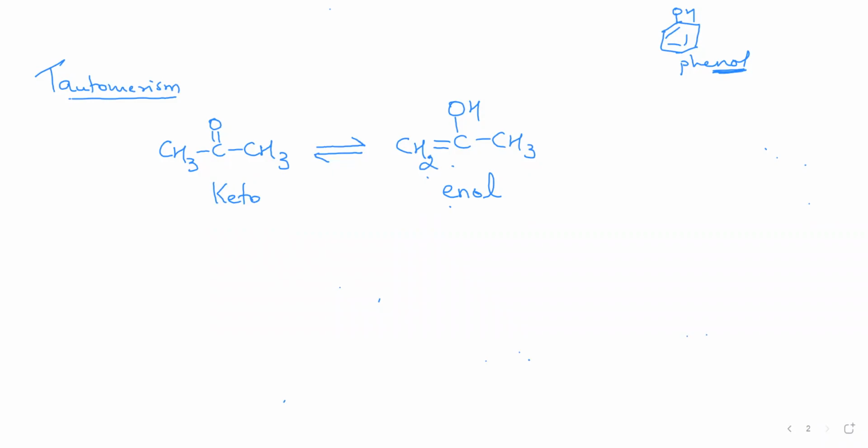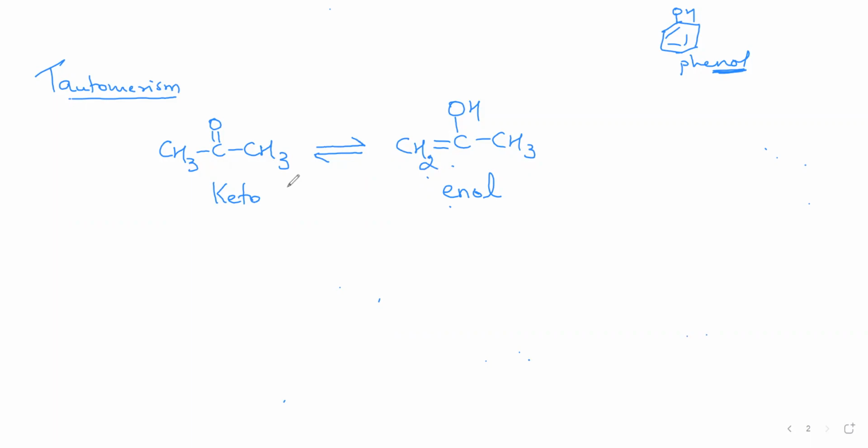Yes, all the time the keto will change into enol and enol changes back into keto. And these substances, the keto and the enol form, coexist together under conditions of dynamic equilibrium. So this is a special type of functional group isomerism in which two compounds with different functional groups show spontaneous interconversion and they coexist together in conditions of dynamic equilibrium.